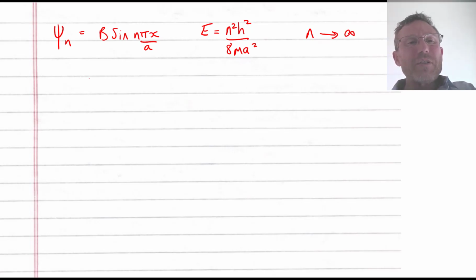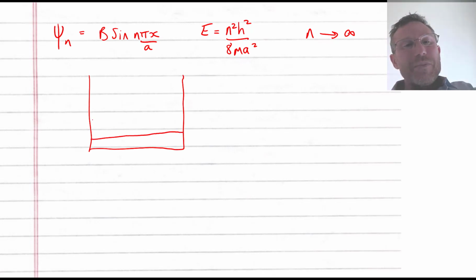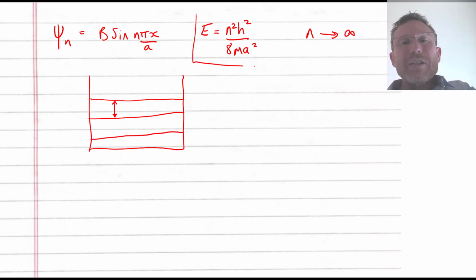But what I want to do for a second is think about the quantization of energy. With quantization of energy, with these very small masses and very small box lengths, we find that there is this very distinct gap, and the particle can only take discrete energies, as described by this expression.